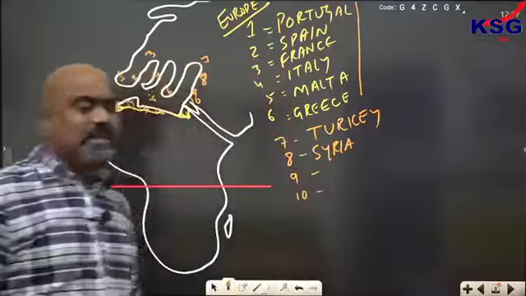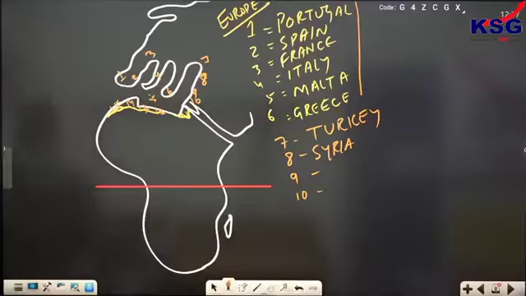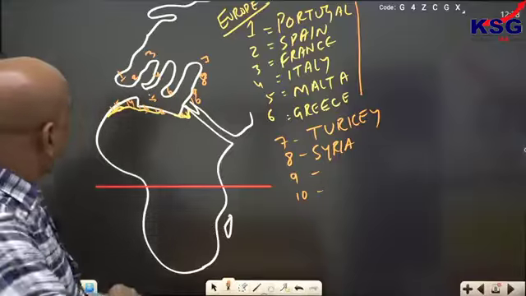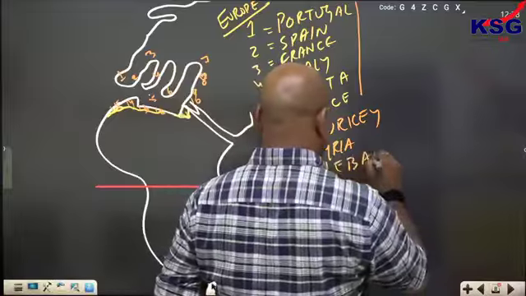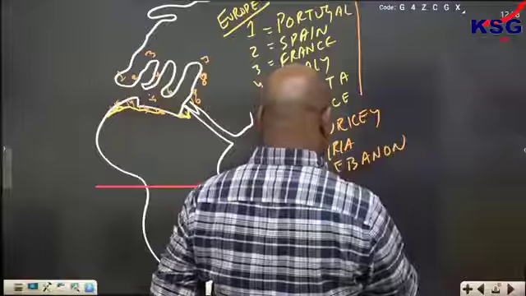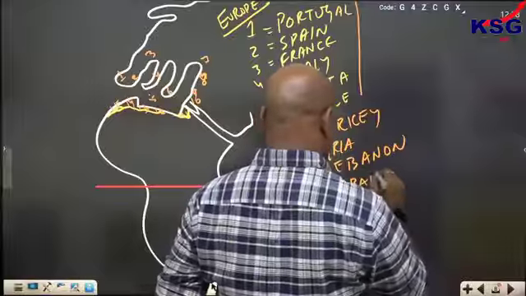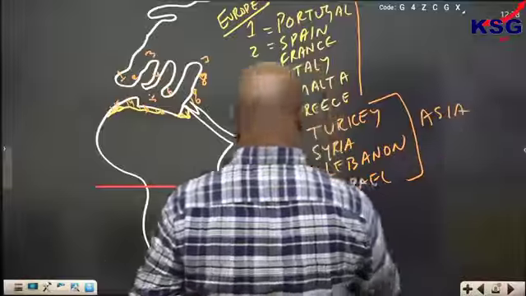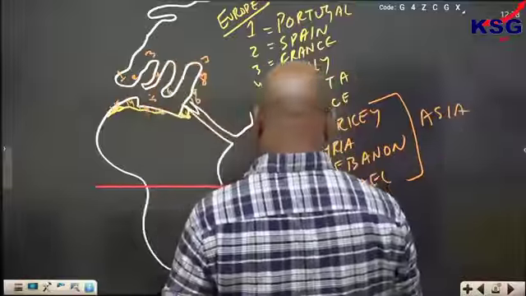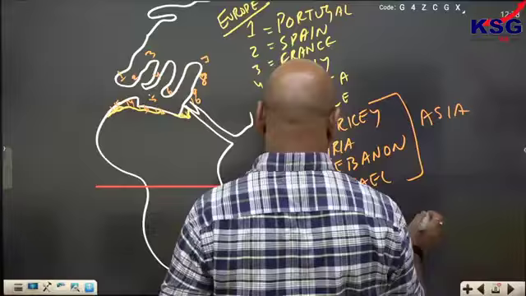Then you have Israel and Lebanon. 9 is Lebanon, and it is Israel. All of them are in Asia. These are in Asia. We have a few African countries also.